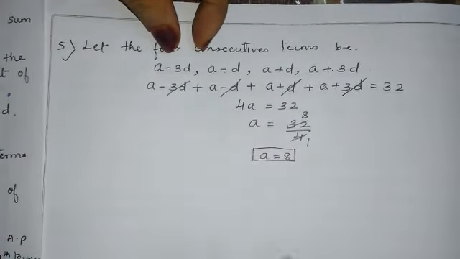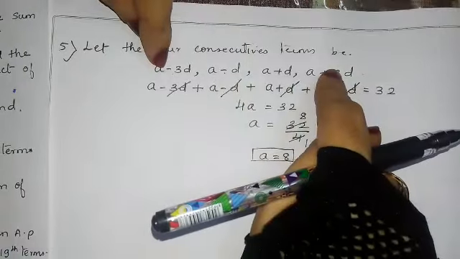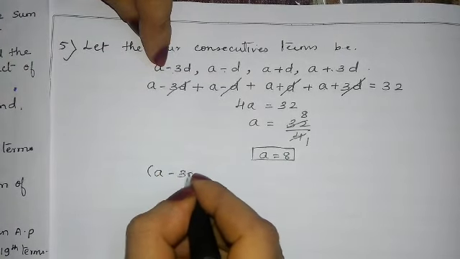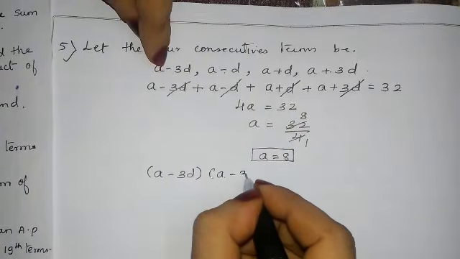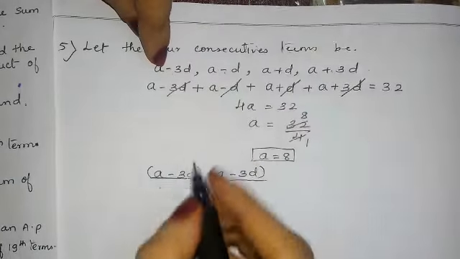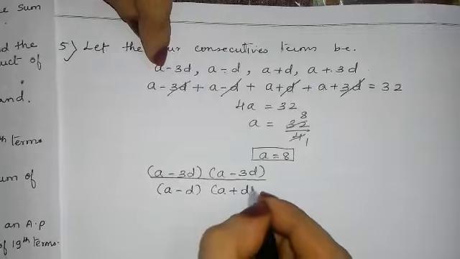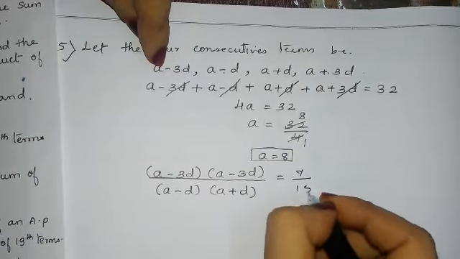What they are saying here, the ratio of the product of first and last term to the product of two middle terms. A minus 3D, A plus 3D over A minus D, A plus D is 7:15, that is 7 by 15.